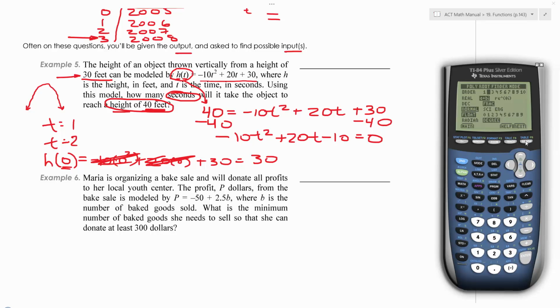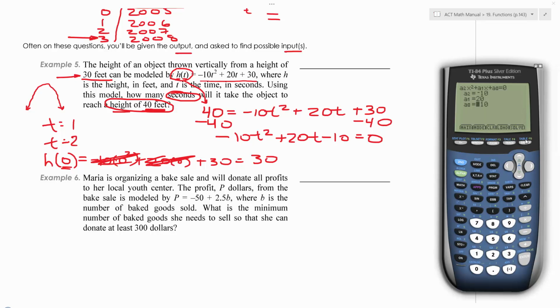So I'm going to hit the next button, which is this graph key. The coefficients are going to be negative 10 and 20, positive 20 for the second coefficient, and then my constant is this guy here, negative 10. So I'm going to enter negative 10, and I'm going to hit the graph key, which is my solve tab.